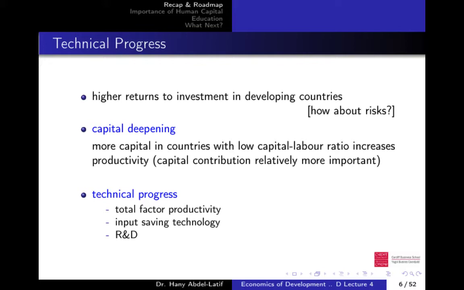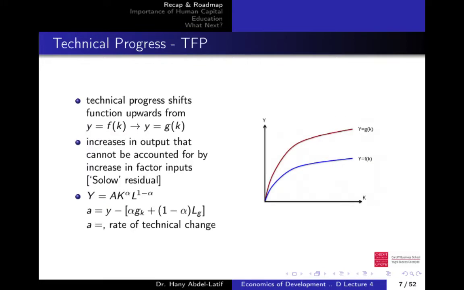And there were three ways we looked at explaining technical progress: through total factor productivity, input saving technology, or R&D, research and development. Looking at this through total factor productivity, if you look at the production function here, exactly what happened moving from the blue production function upwards to the red one?